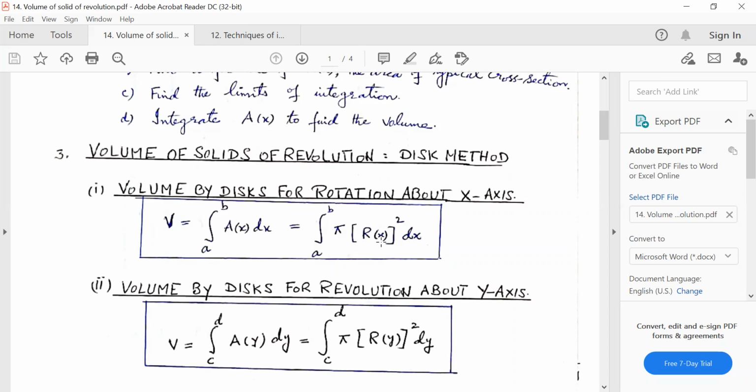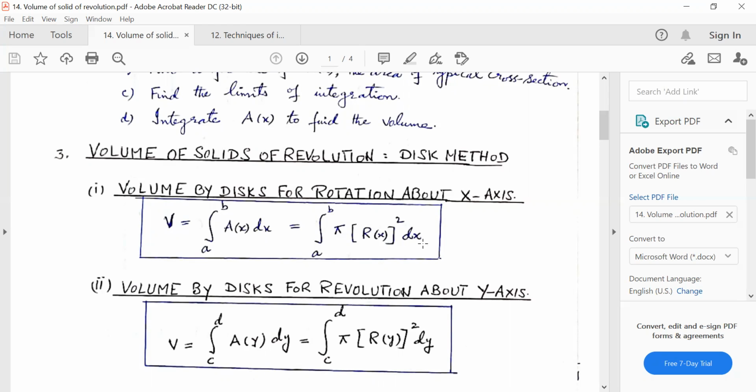So in that case, all the points on the curve will be generating circles and every circle will be having its center on the axis. So pi r square will be the circle area and dx will be the width of that disk.